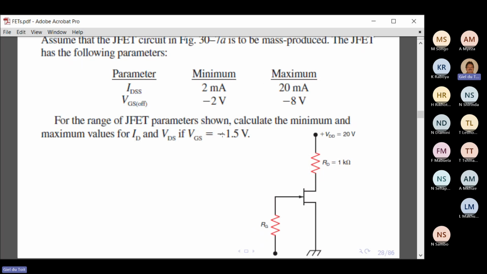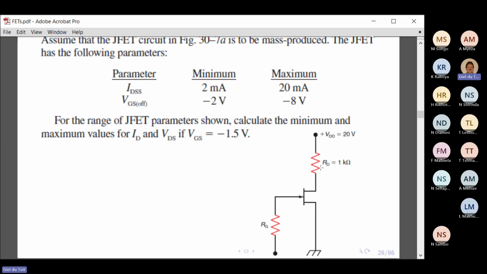For the FET parameters shown, calculate the minimum and maximum values for ID and VDS. The minimum voltage for ID will be 2 milliamp times 1 kilo ohm, which is 2 volt. The volt drop here is 2 volt.